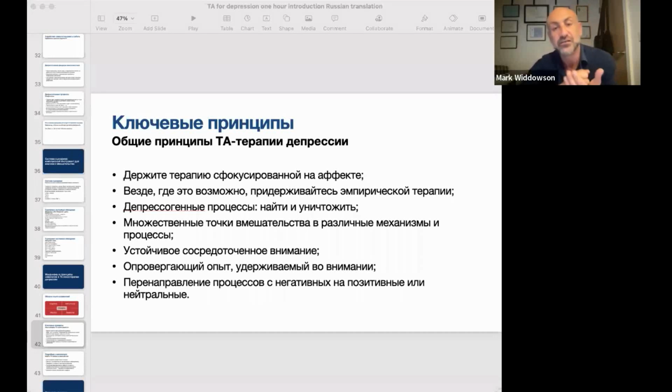Sustained focused attention on the client and on specific change is really helpful. And also sometimes it's about what we call laboring a point, which means going on about something for a little bit, maybe a little bit too long, to keep it in the client's attention.